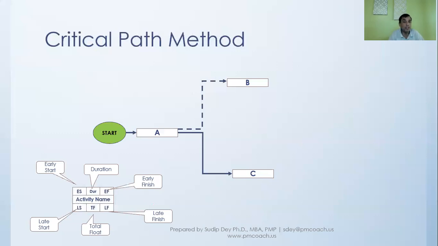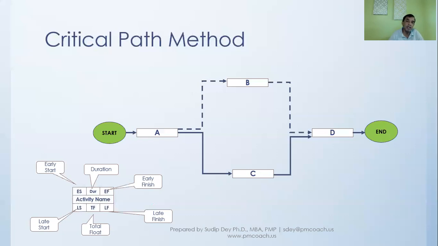There's no dependency between B and C. And then after B and C, there is an activity D that needs to be done. D is dependent on B, and D is dependent on C. So D cannot start unless B is finished, and D cannot start unless C is finished. Once this is done, we are done with the project. It's a pretty simple project, right? There are 4 activities involved.